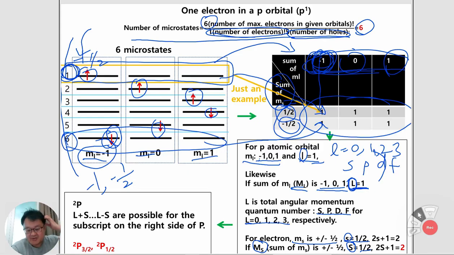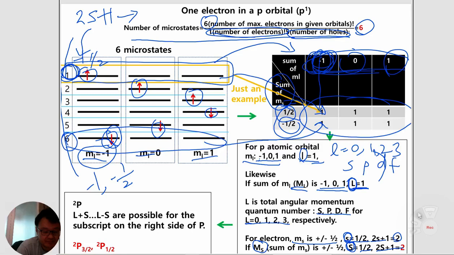Now we can calculate 2S plus 1. For an electron, 2S plus 1 is 2 because S is half. This 2S plus 1 is called the spin multiplicity.